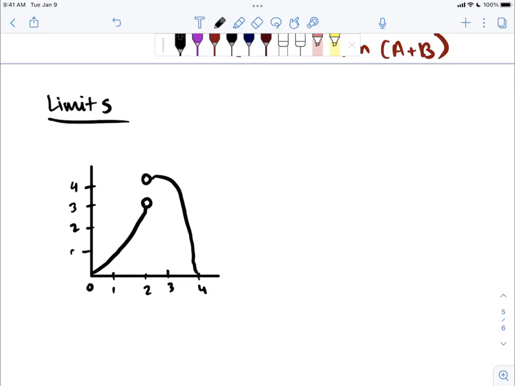So the question is, what are the left and right-hand side limits as x approaches 2? And does the limit exist? I'll pause for just a moment here and then go over the answer.